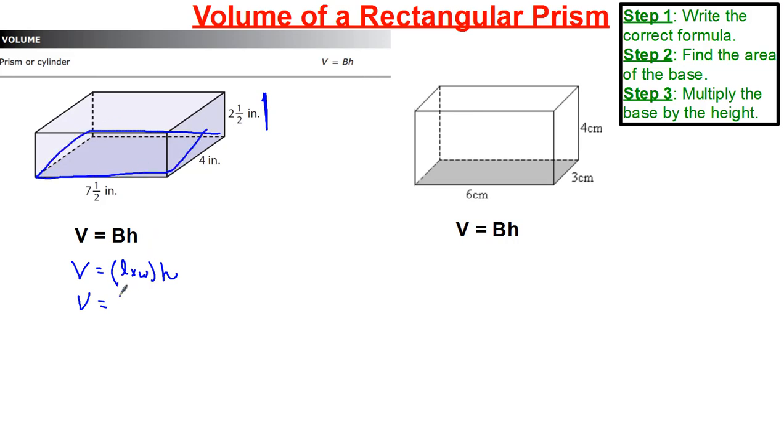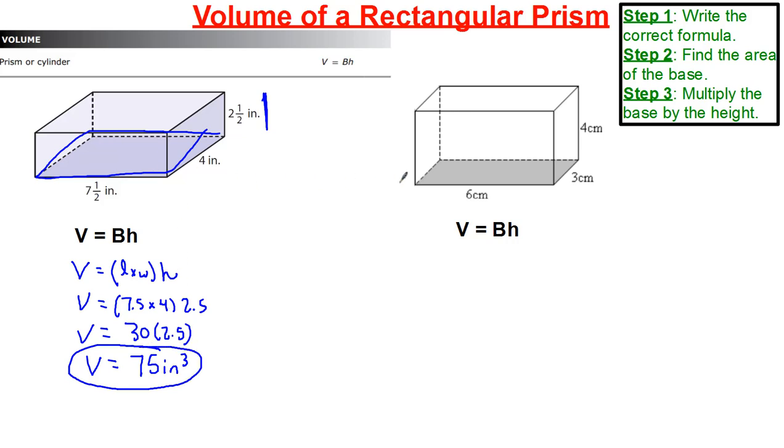So we have 7.5 multiplied by 4, and then I multiply by 2.5. 7.5 multiplied by 4 gives me a value of 30. So 30 multiplied by 2.5 gets me 75 inches cubed. That would be the volume of this figure here.